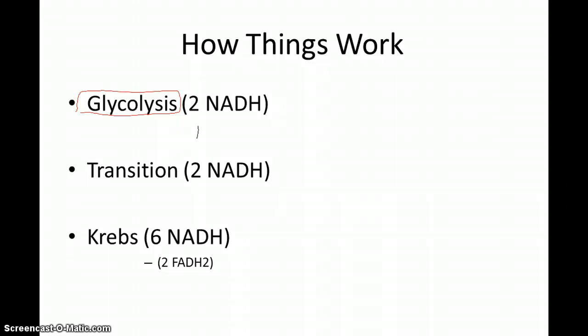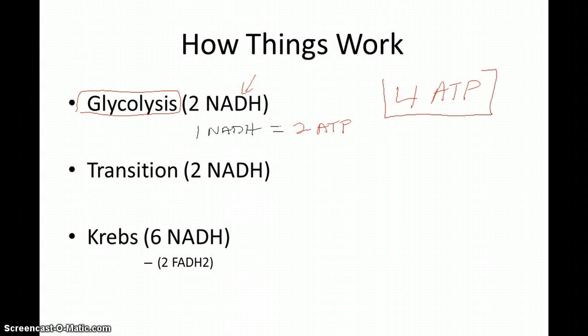So one NADH produces 2 ATP. In glycolysis we created 2 NADH, and if you need review, check out the other videos. But we created 2 NADH, so that means we're creating a total of 4 ATP, in the most efficient cells that do this. So 4 ATP from glycolysis.